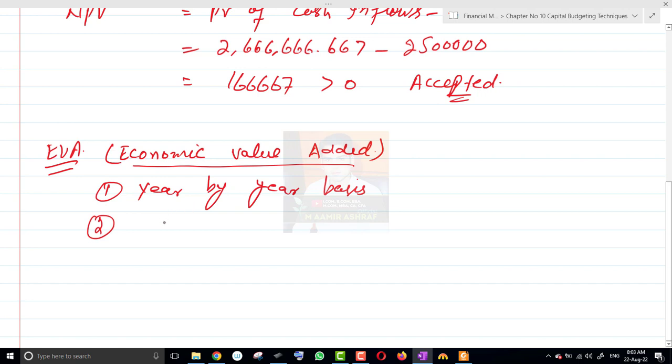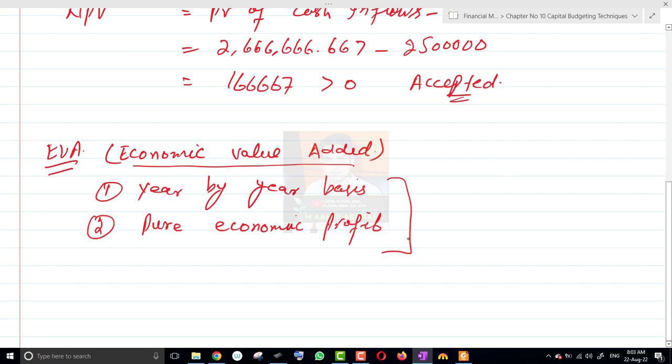Number 2, economic value added shows pure economic profit. Why are we going to calculate economic value added here, when we have already calculated the NPV?